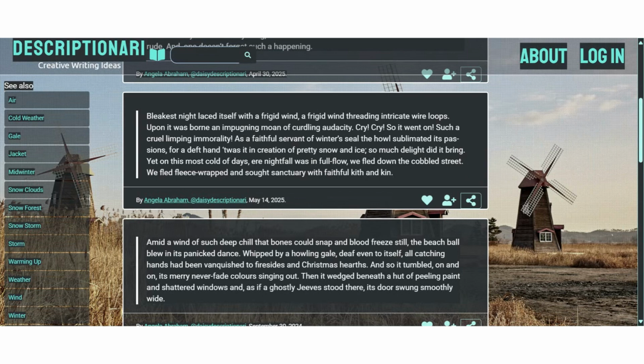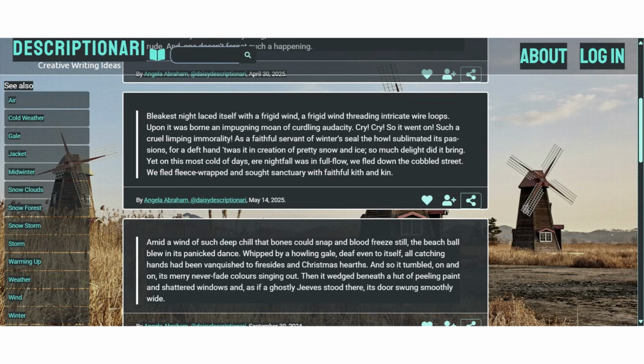Bleakest night laced itself with a frigid wind threading intricate wire loops. Upon it was borne an impugning moan of curdling audacity. Cry, cry, so it went on, such a cruel, limping immorality.